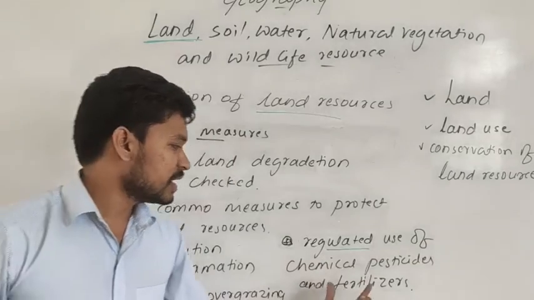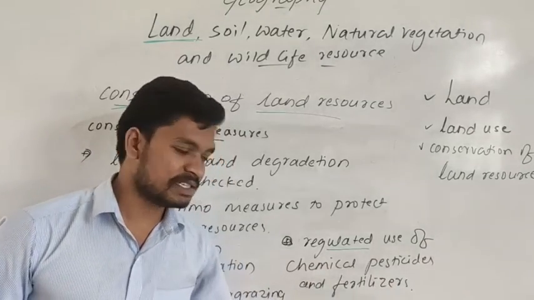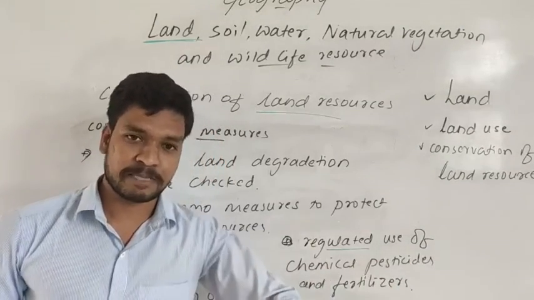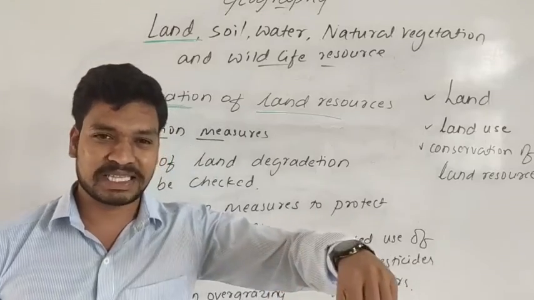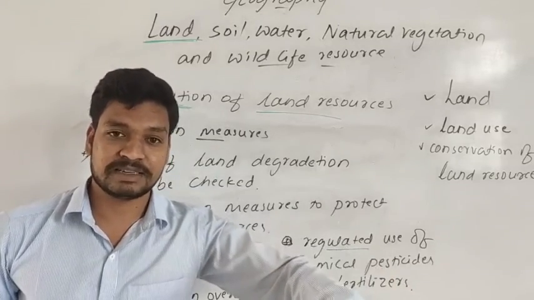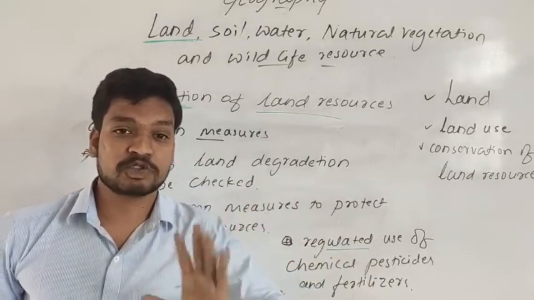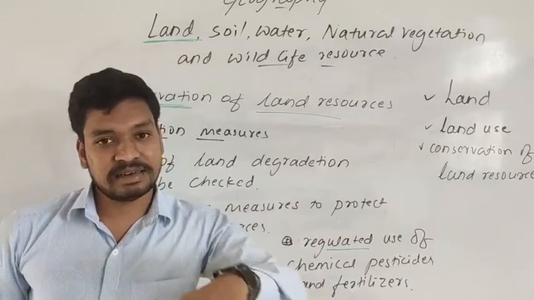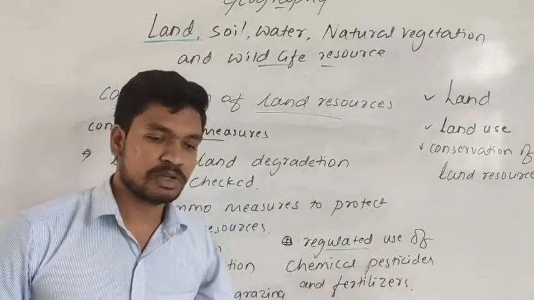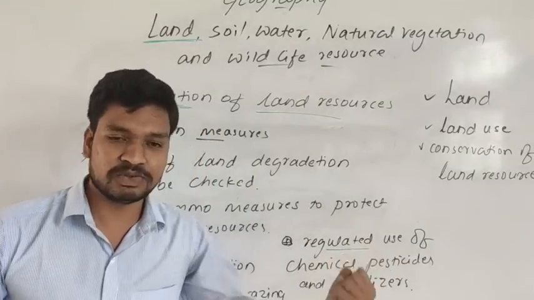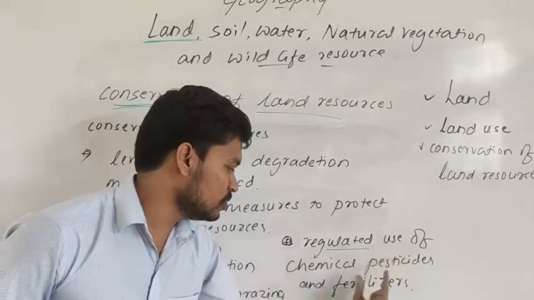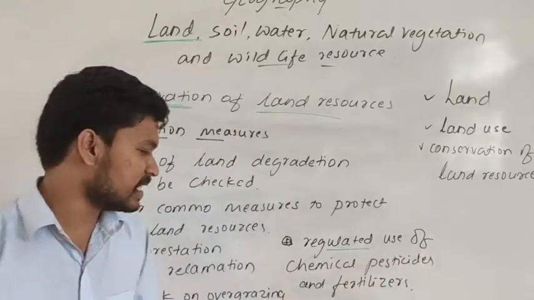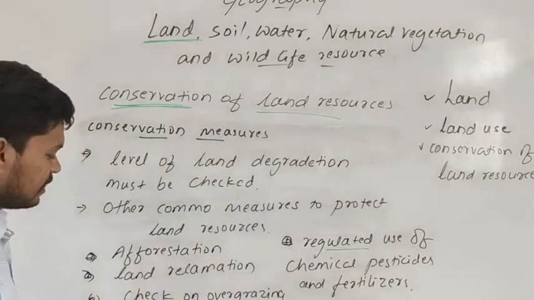In agriculture we put chemical fertilizers. It affects the fertility of a soil, the humus of a soil. Then directly that affects these land resources. So regulate means reduce, control. We should control the use of chemical pesticides and fertilizer in agriculture.